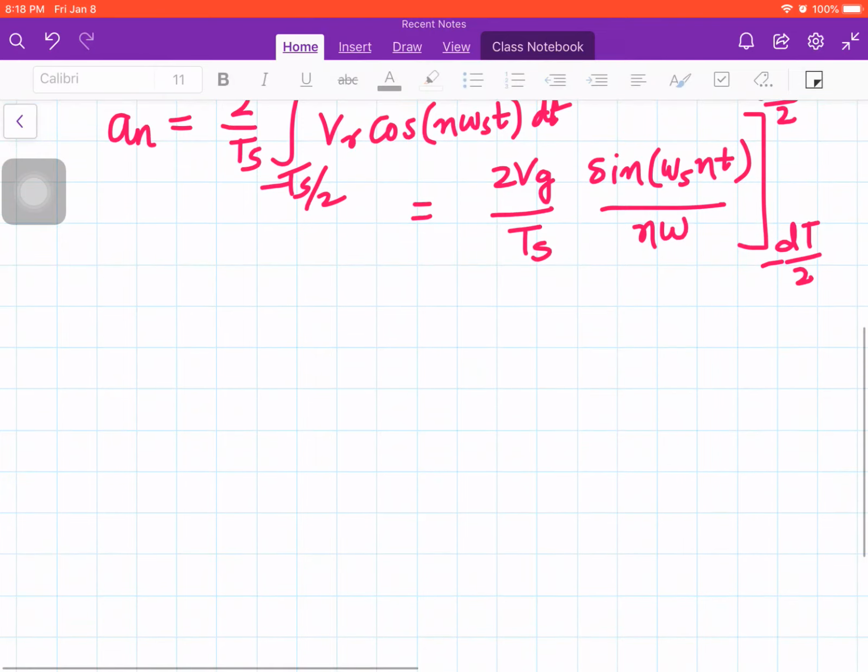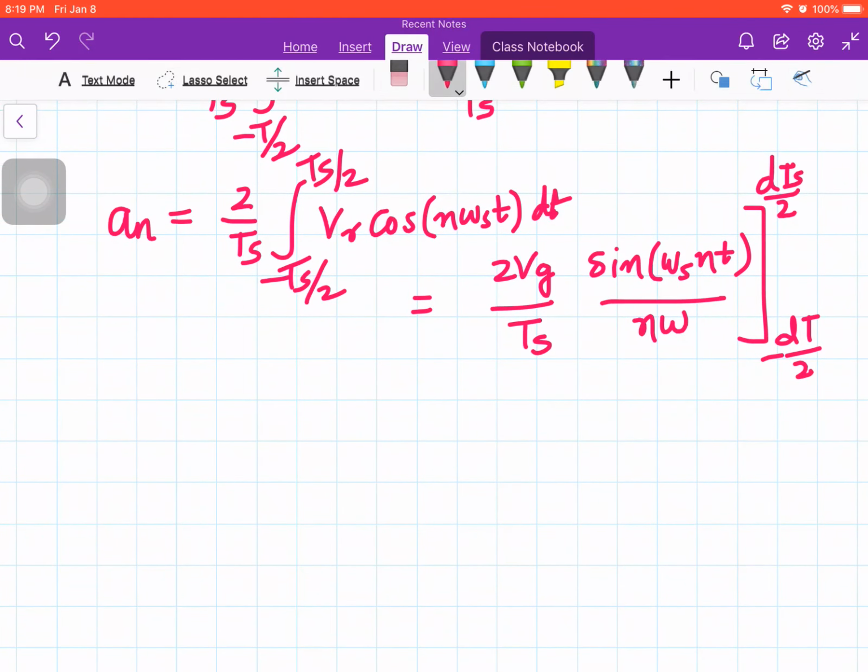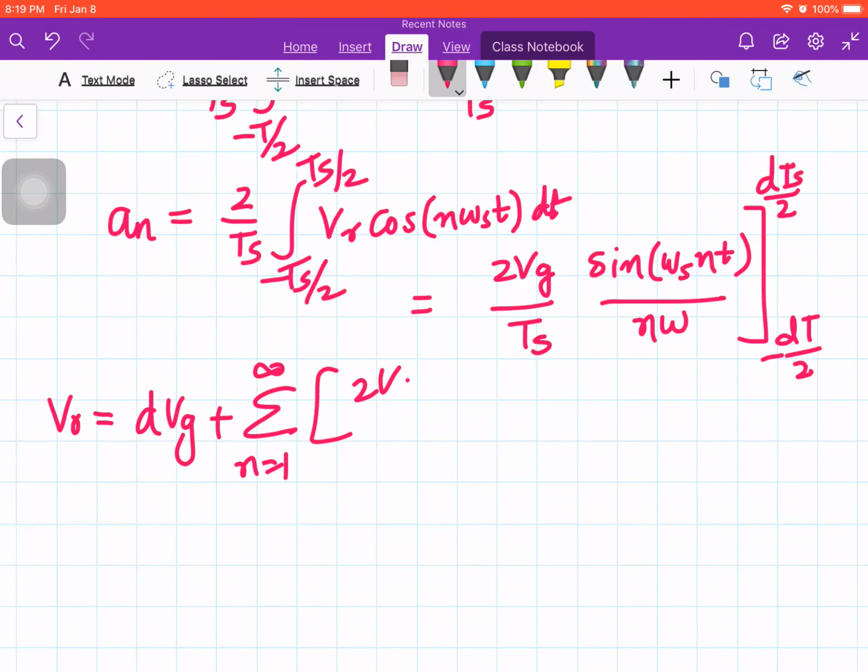So finally I can express this as a Fourier series, that is equal to d Vg plus the sum from n equal to 1 to infinity of 2 Vg by n pi into sine n pi d into cos n omega s t.